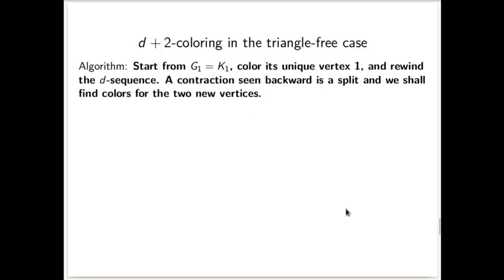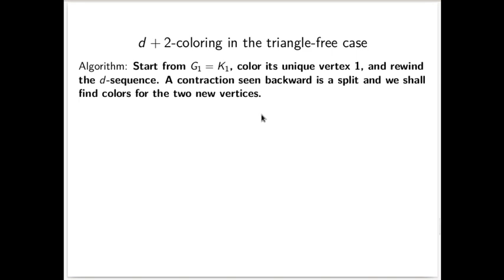So let's see quickly how it works for omega equals 2, that is triangle-free graphs. We can show how to color these graphs with at most D plus 2 colors. The algorithm uses the D-sequence backward. It starts from the end, G1, having only one vertex that you can color. Then you go backward.